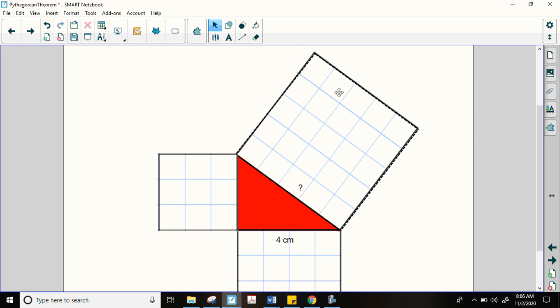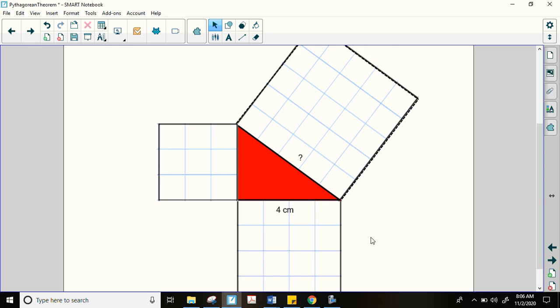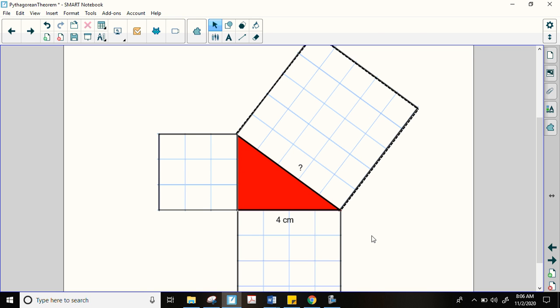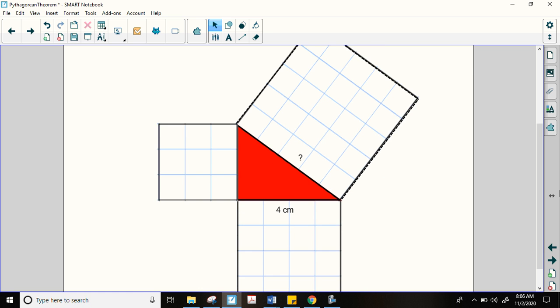And if you look, the square that was produced from this side is a 5 by 5, which is 25 square units. So this is what Pythagoras discovered when he was working with these right angle triangles and making relationships. And why this works, don't worry about it. You just have to know that it does work.